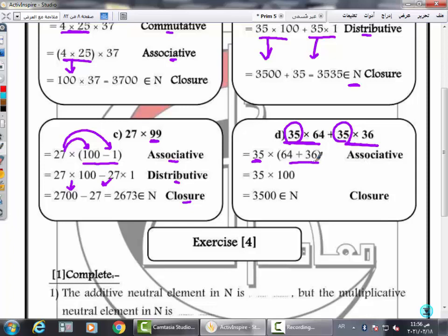This is called associative property. Then find the result. 35 times 64 plus 36 equals 100. Then multiply, the result will be 3500, and this property is called closure property.